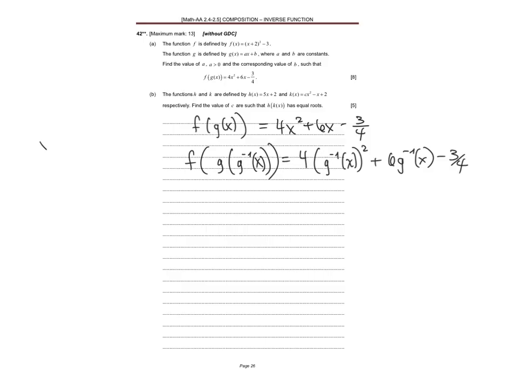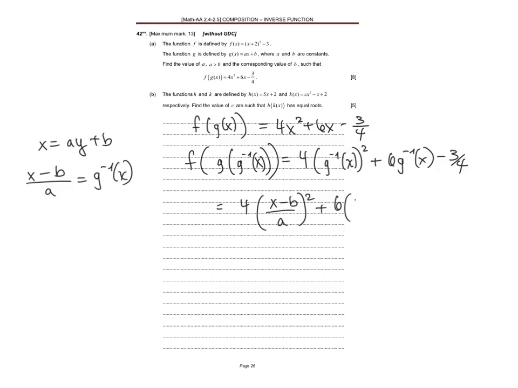So the inverse of g, in terms of a and b, we're going to have x minus b over a. That's the inverse, okay? So we're going to have 4 times (x minus b over a) squared plus 6 times (x minus b over a) minus 3/4.